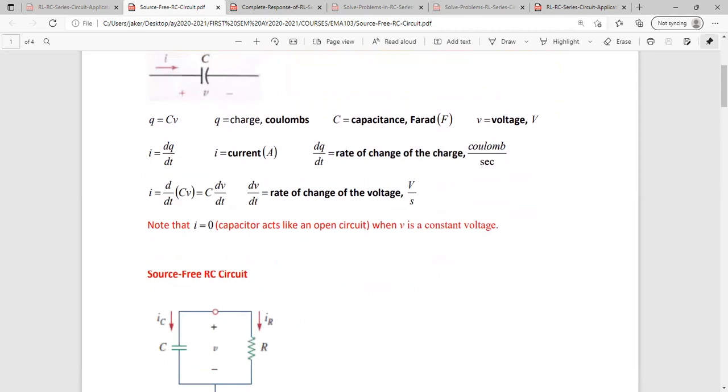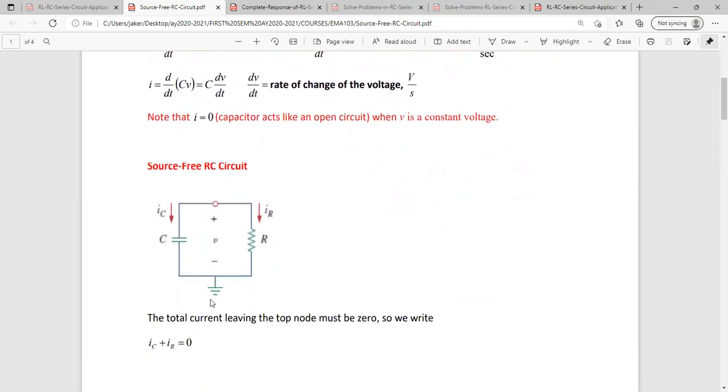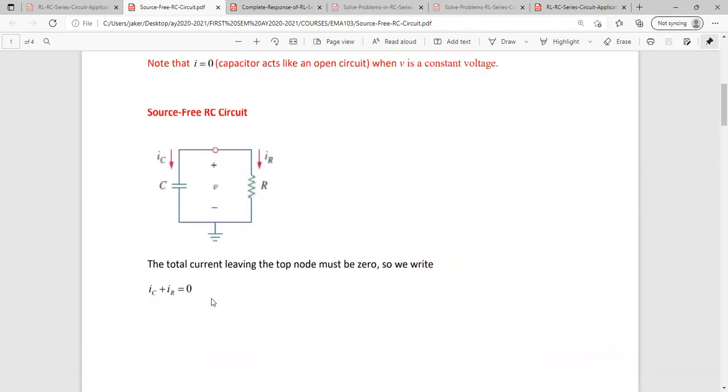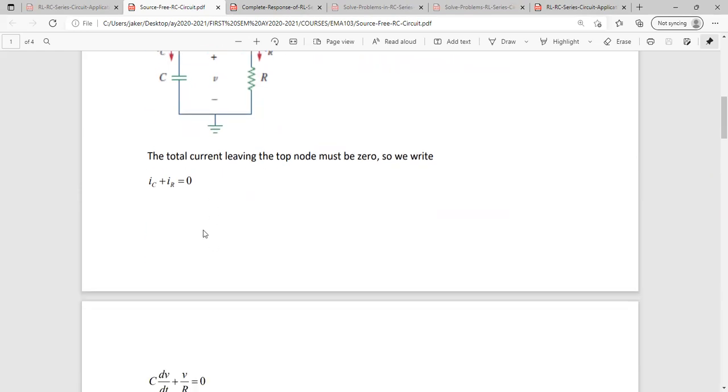Now we go to a source-free RC circuit because we already have an example for the RL circuit. In this case, we don't have a source. So if we do nodal analysis on this particular node, the sum of the currents leaving this node should be equal to 0. No source. So this is your equation. The current passing through your capacitor plus the current passing through your resistor, based on this node analysis, is equated to 0.